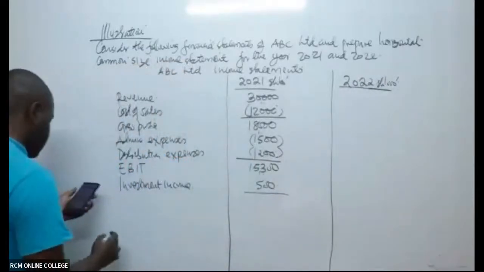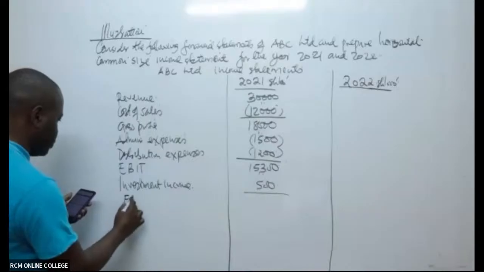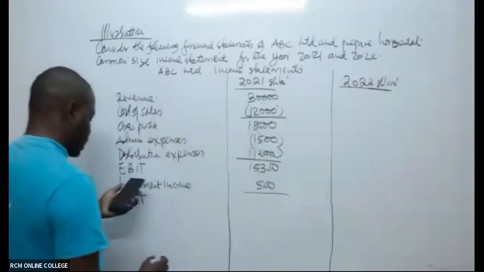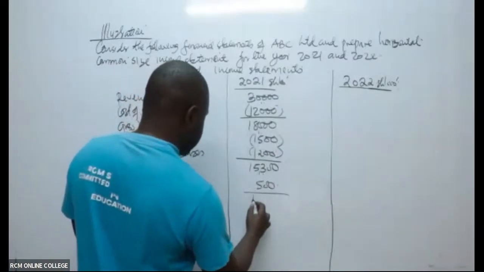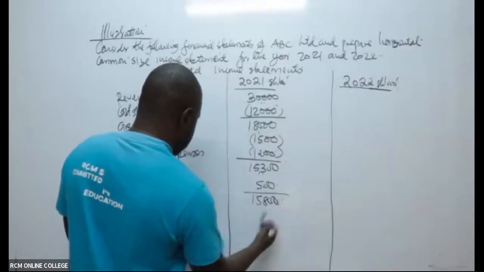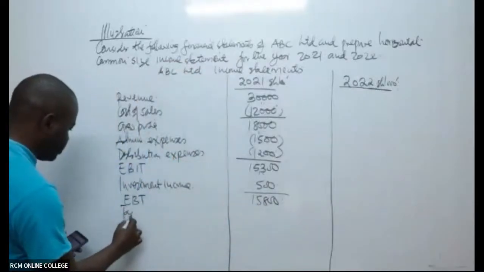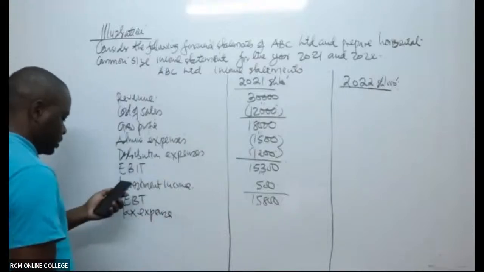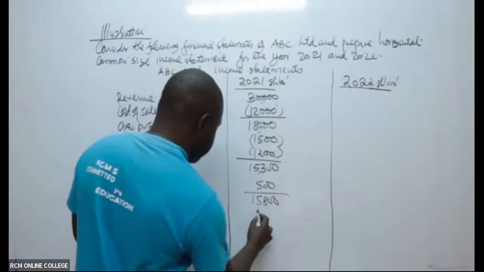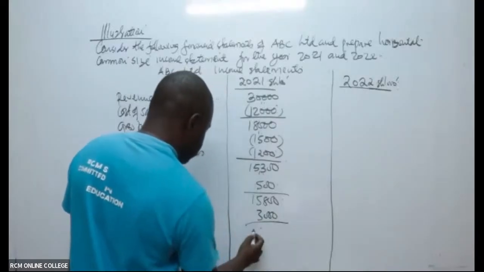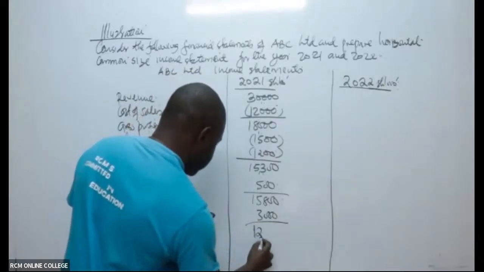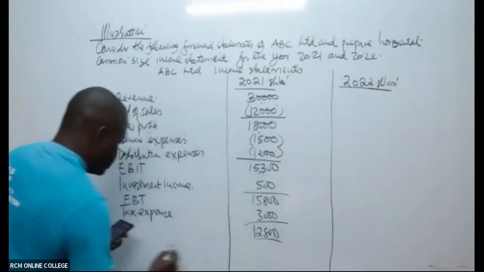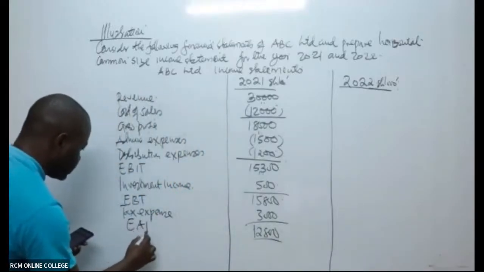So that will give you earnings before tax of 15,800. Then tax expense of 3 million. So that is 12,800. So these are the earnings after tax.